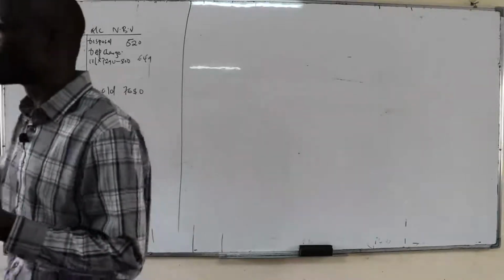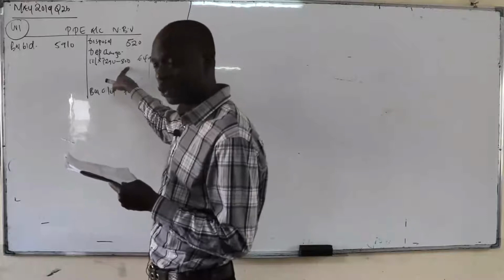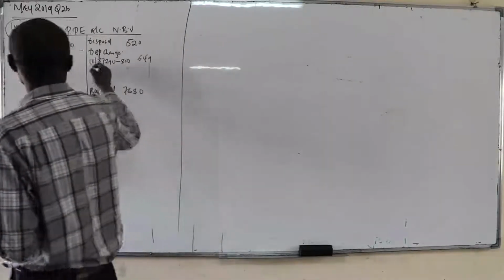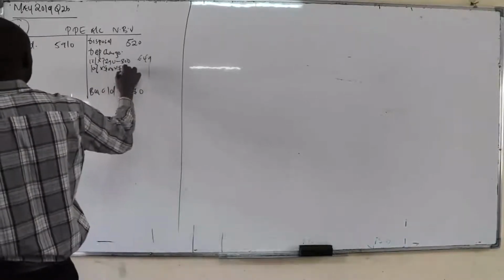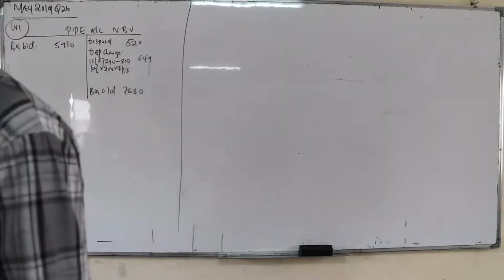So this one that was sold, it had already been used for how many months? 8. So we're going to determine depreciation for that period. So we're going to add here 10% of 800 times 8 out of 12. That is the depreciation charge for the year.